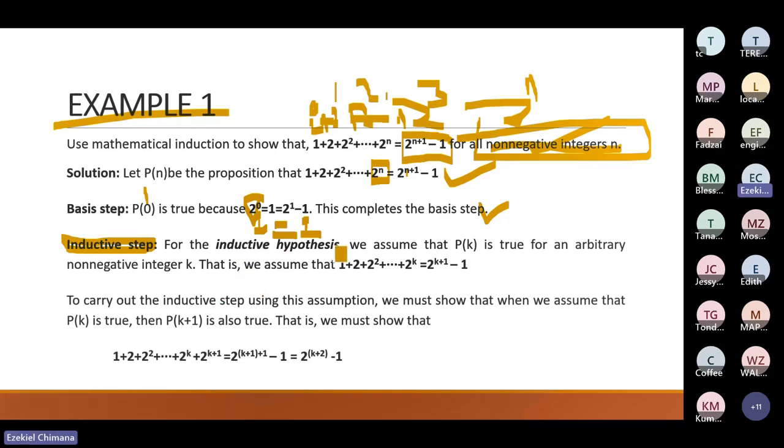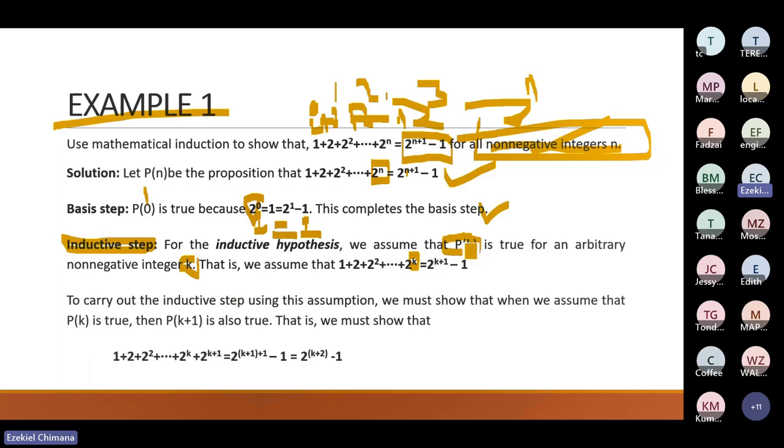So the inductive hypothesis here is that we assume that P of k is true for any arbitrary non-negative integer k. That is, we assume that 1 plus 2 plus 2 squared up to 2 to the power k, where you have n there, you put a k.